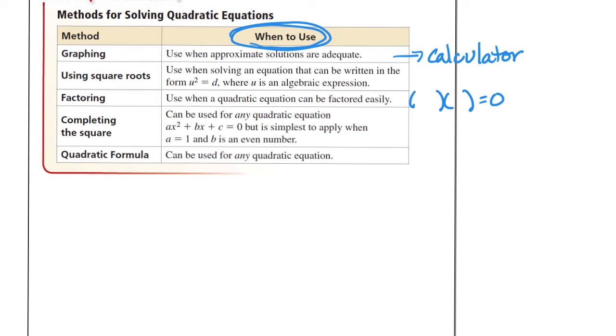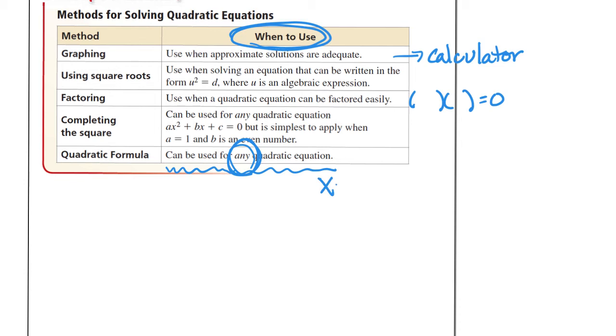Using square roots, obviously you want to use that when it appears that you can take the square root of both sides. Factoring, you know that not everything can be factored easily, even if you use the X factor method. But if it can be factored easily, that's a great way to find your solutions. Completing the square is a little bit more complex. And then, of course, the quadratic formula, which can be used for any quadratic equation.